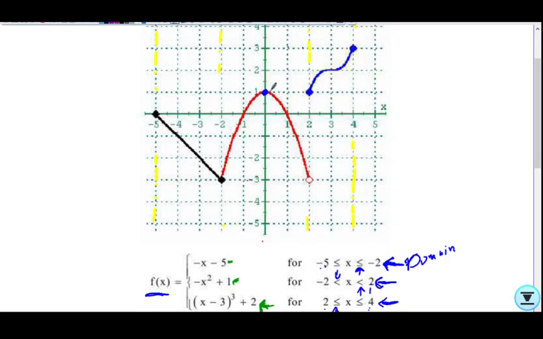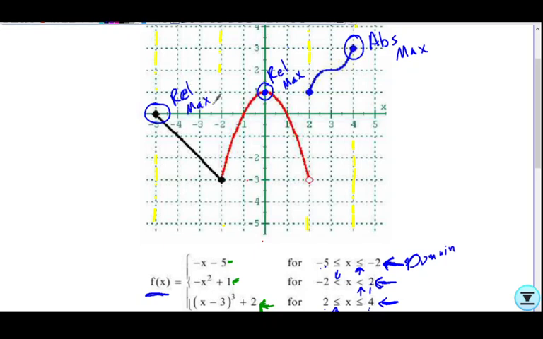No. Where is the absolute maximum? Right here. This is my absolute maximum. It is the highest y value my function gets to. This one is what we call a relative maximum. And this one here is also a relative maximum.